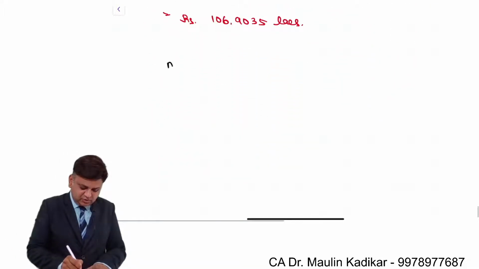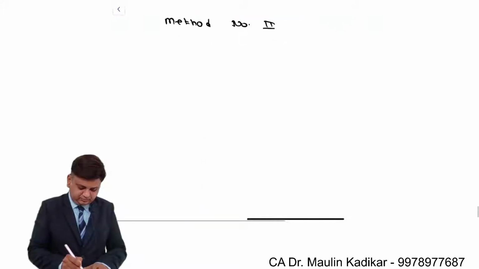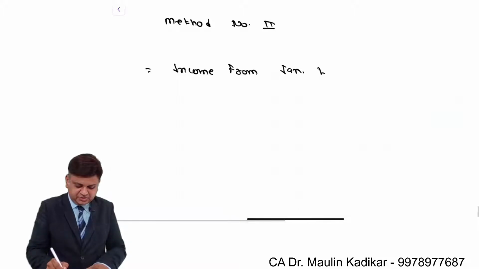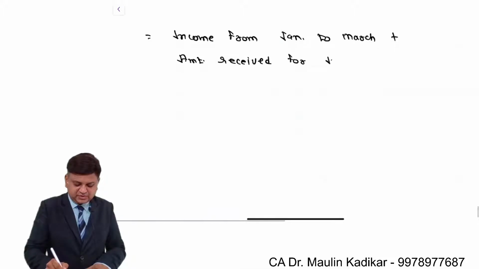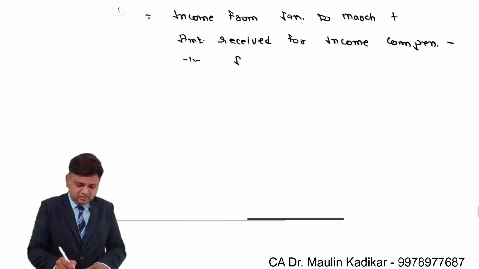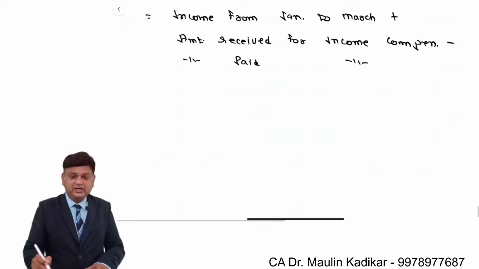At the same time, there is an alternative method, method number 2, wherein income from January to March plus amount received for income compensation minus amount paid again for income compensation.